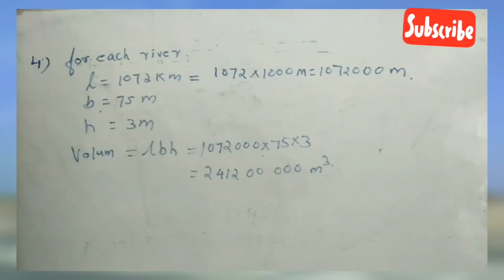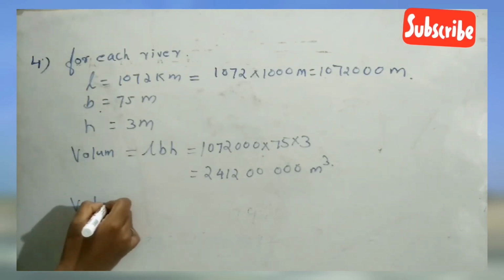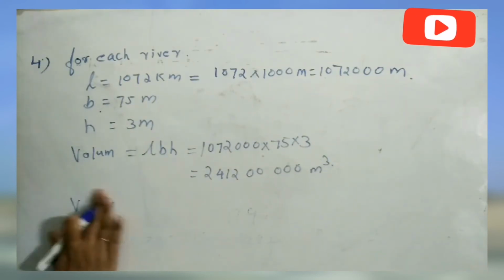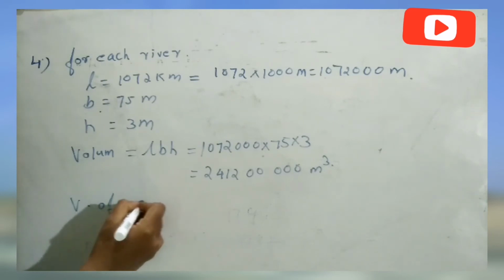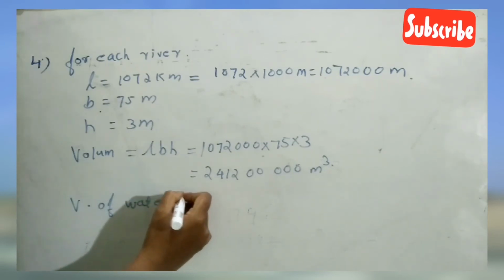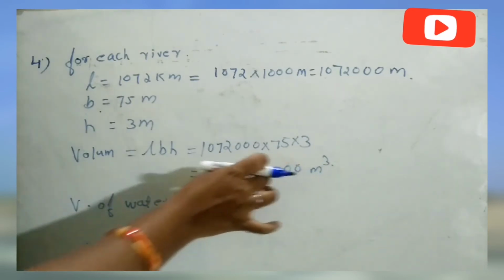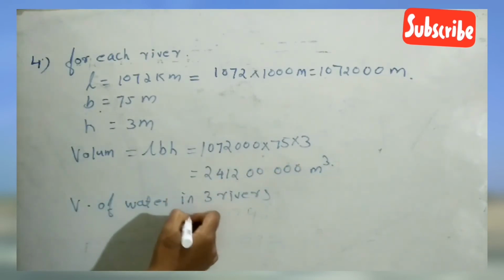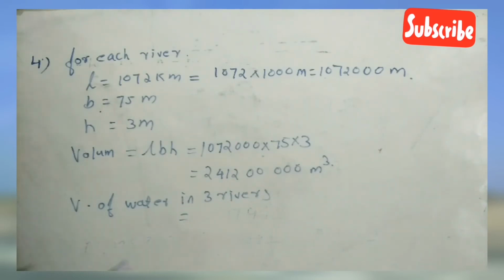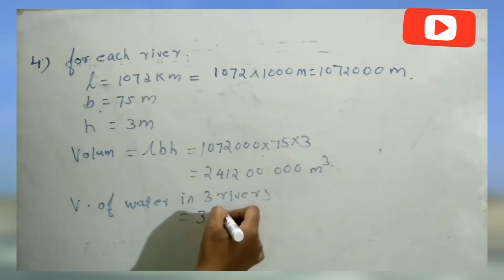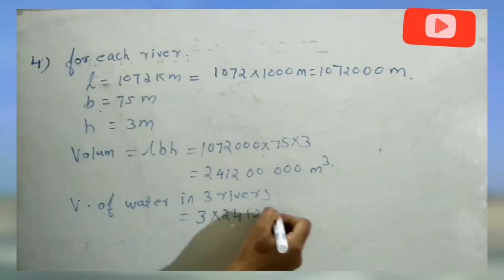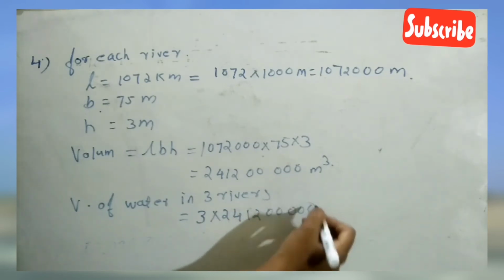Now, volume of normal water in 3 rivers. This is the volume of one river. Then volume of water in 3 rivers is equal to 3 into 2412,000.